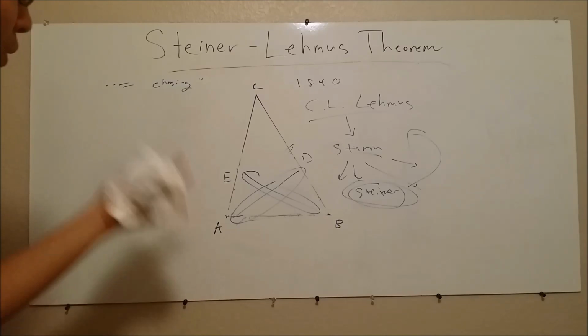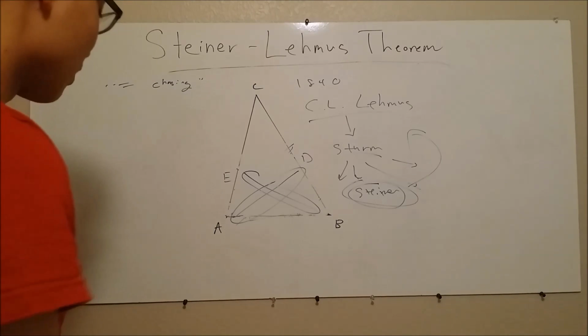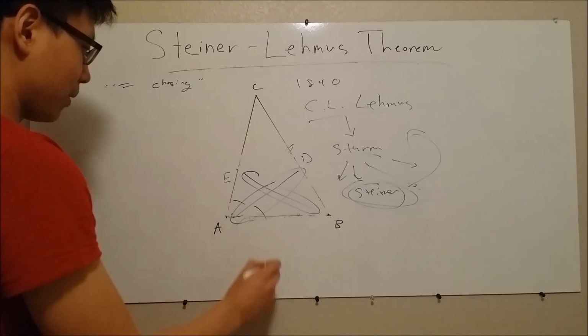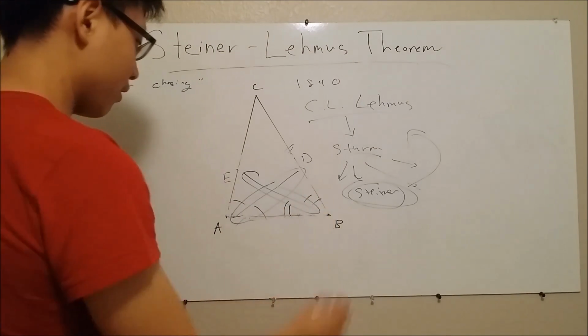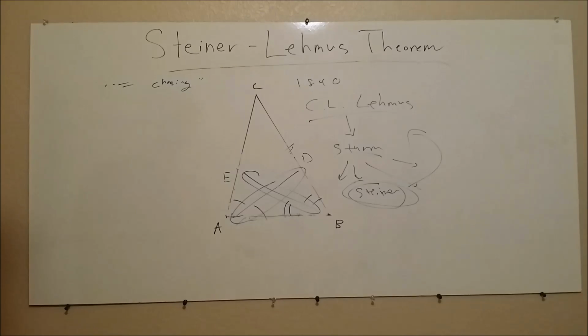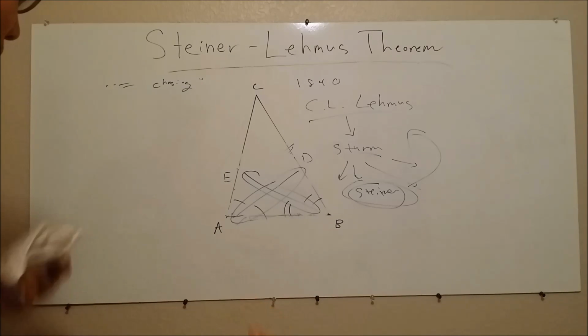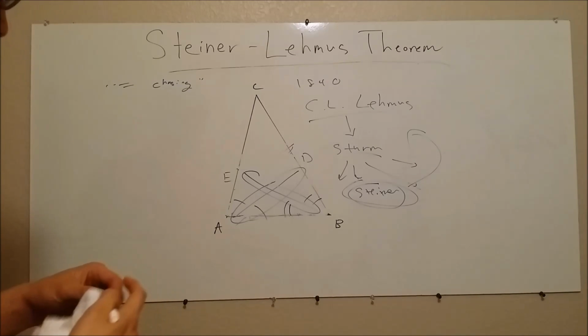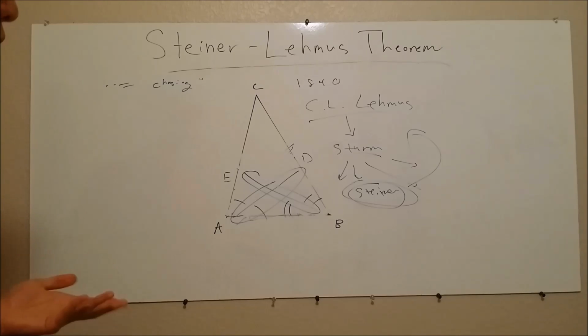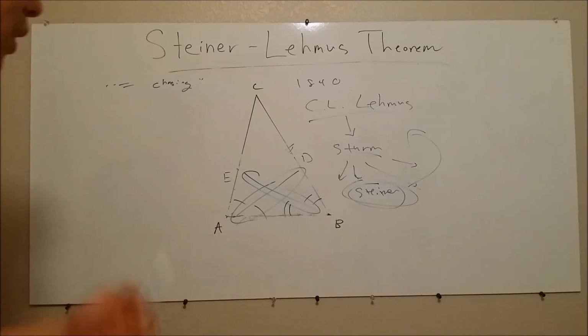Because if you first look at this problem, it looks entirely obvious. You have a bisector right here, another bisector right here. They're equal. Just look at it in an intuitive way, and you say, well, how could it not be true?